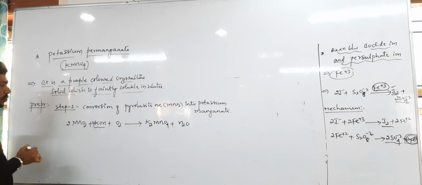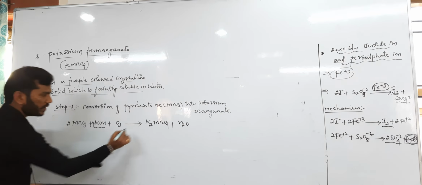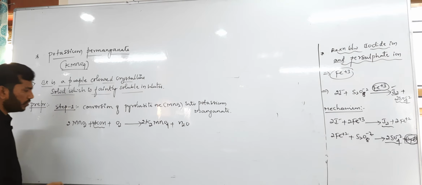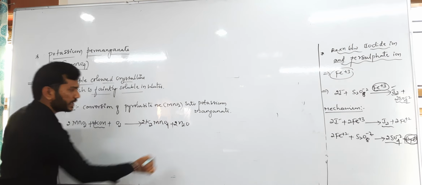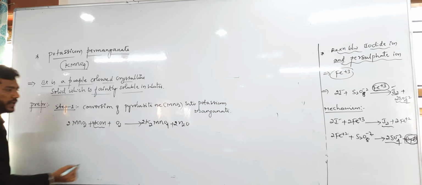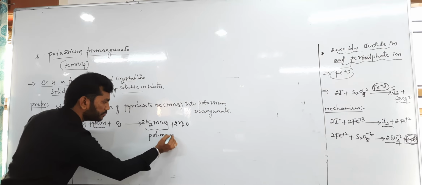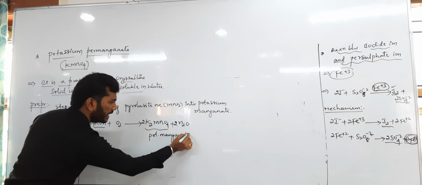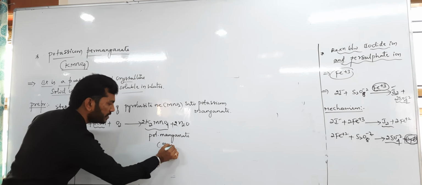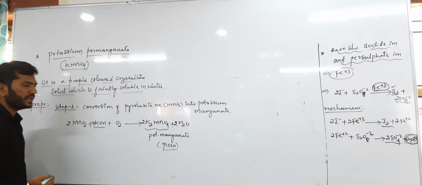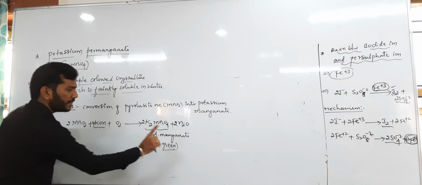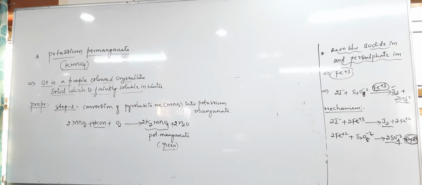Suppose I take 4 moles of KOH, we'll get 2K2MnO4 and 2H2O, guys. Here we got potassium manganate, which is green colored, a green fused mass formed in the form of potassium manganate. Just look at that reaction, that's all.